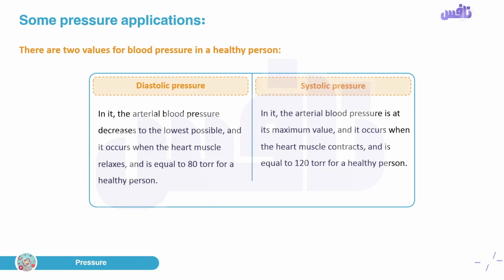In it the arterial blood pressure is at its maximum value and it occurs when the heart muscle contracts. On the other hand, the heart muscle stretched or relaxes, and in this one is equal to 120 torr for a healthy person. So if one of them changes, this indicates that the person is ill.